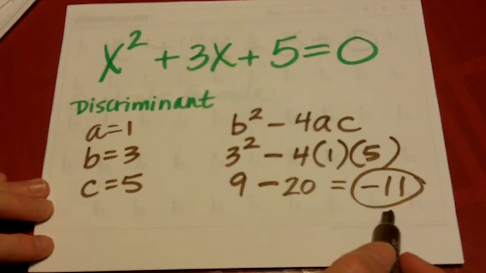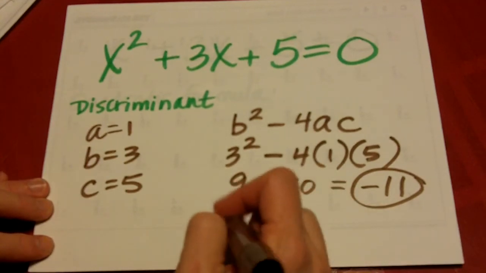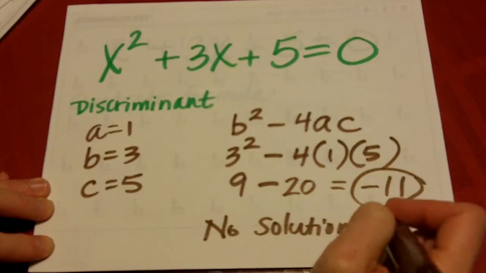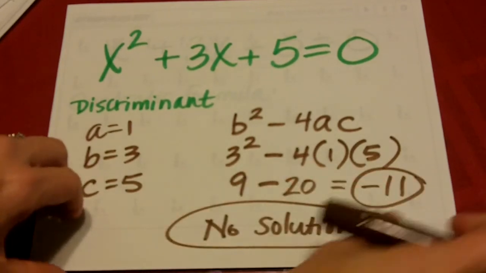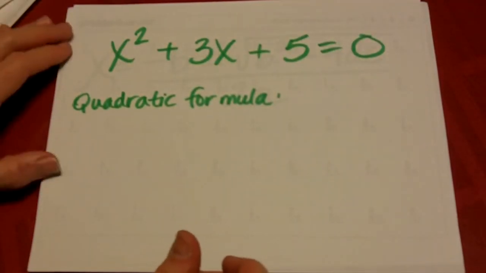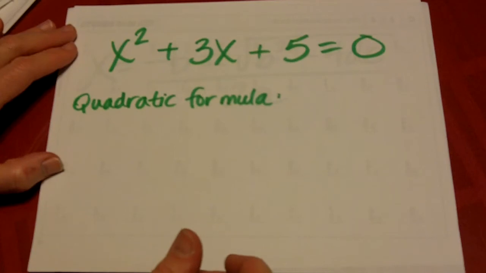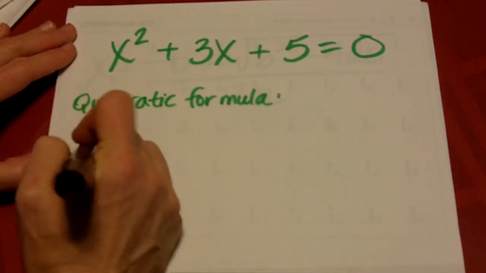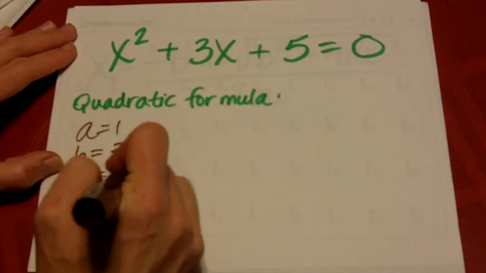When we get a negative number for the discriminant, there are no solutions for x. Okay, no solutions. And again, let me show you by using the quadratic formula. We'll use the same equation, x squared plus 3x plus 5 equals 0. Okay, a is 1, b is 3, c is 5.